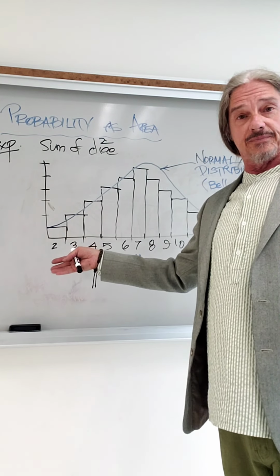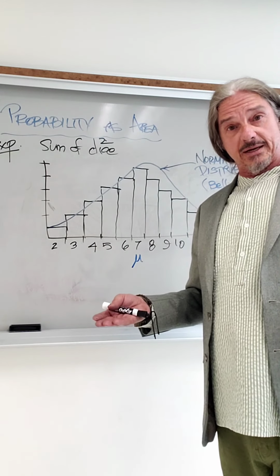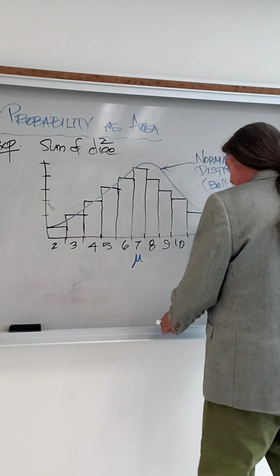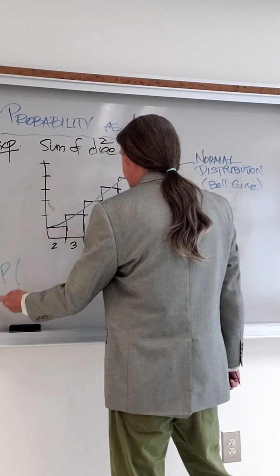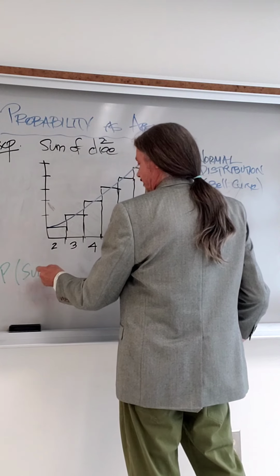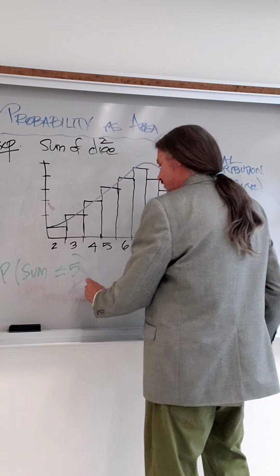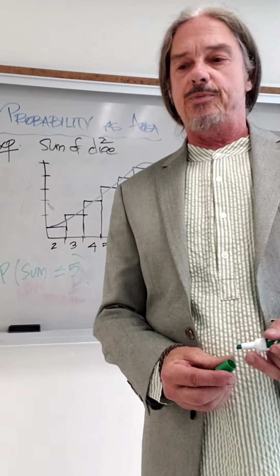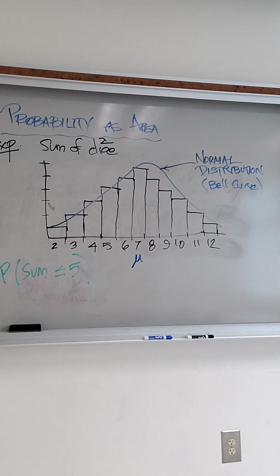But guess what? Area is still the same as probability. So if I said, listen carefully, what's the probability of rolling a sum less than or equal to 5? I'm trying to find a dark marker here.